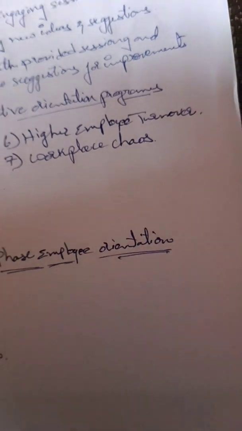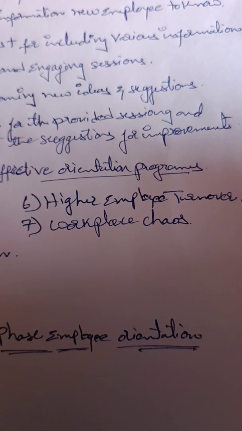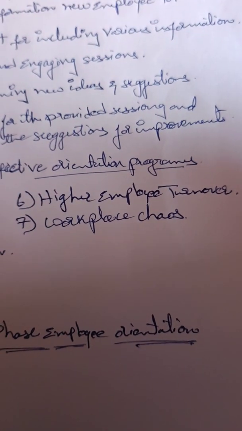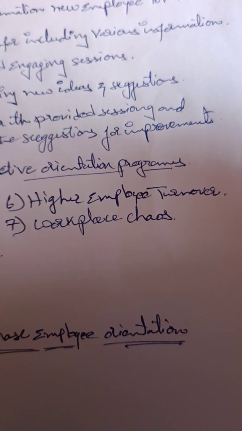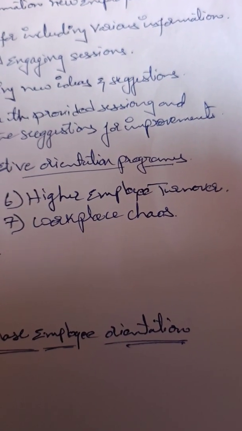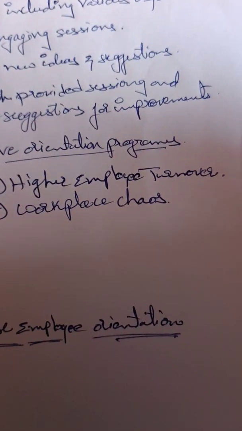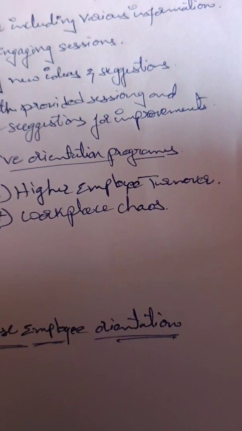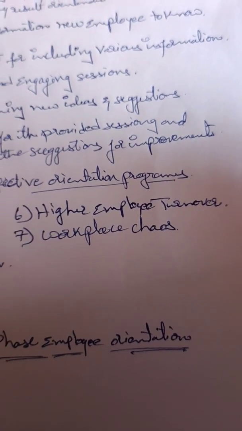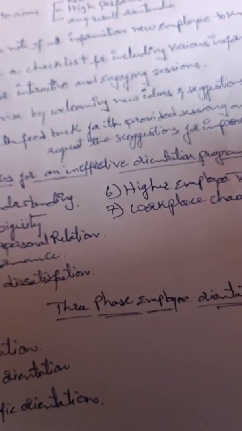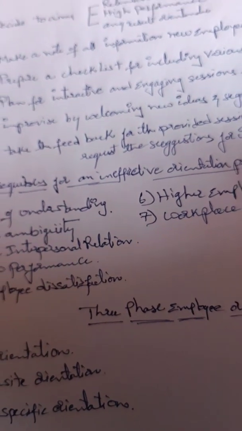Chaos means a situation where the work is not getting done as per the organization plan, not achieving the organizational objectives, incurring heavy losses, and it may lead to the workplace closure. So an ineffective orientation can lead to all these situations.